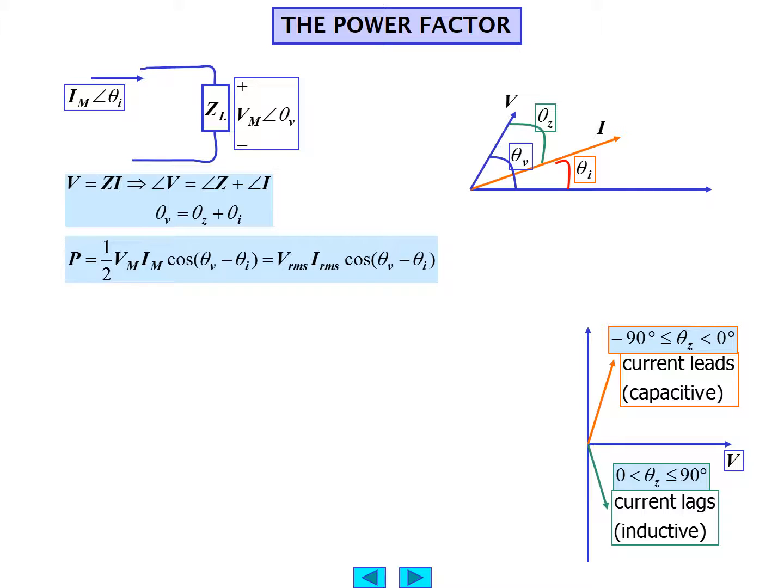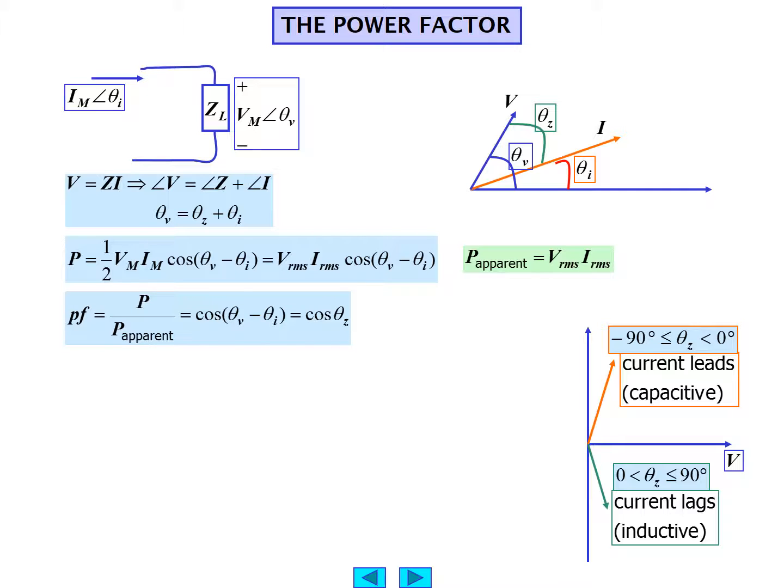Power is 1/2 V sub M I sub M cosine of the difference between theta V and theta I, or as we found in the last sections, VRMS, the root mean square voltage, times IRMS times cosine of theta V minus theta I. Let's define the apparent power as just the product of VRMS and IRMS.